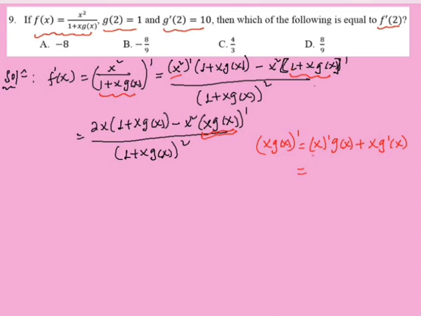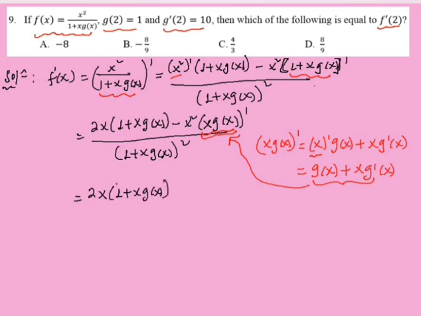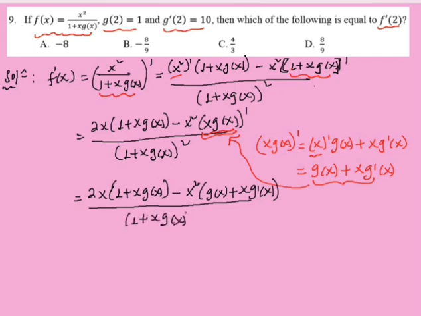The x derivative is 1, therefore it becomes g of x plus x times g derivative of x. We substitute this result here. So this derivative becomes 2x into 1 plus x times g of x minus x squared into g of x plus x times g derivative at x, over 1 plus x times g of x the whole square.